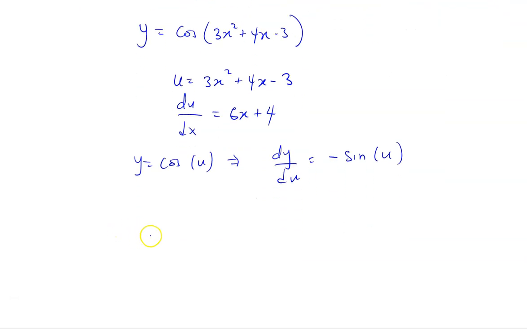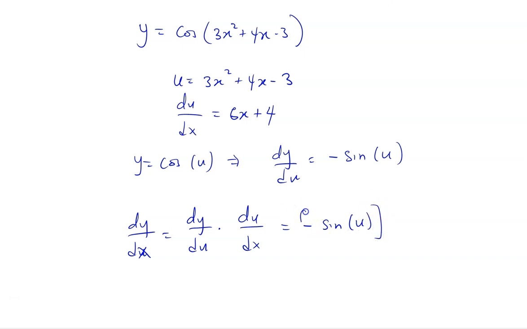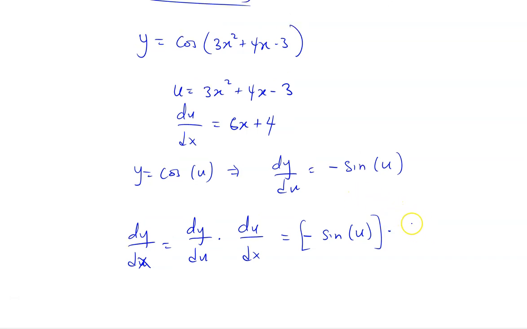So in that case, dy on dx is given as dy on du multiplied by what? du on dx. So what is dy on du? dy on du is negative what? Sine u, right? Multiplied by what? Multiplied by du on dx, which is given as what? 6x plus 4.